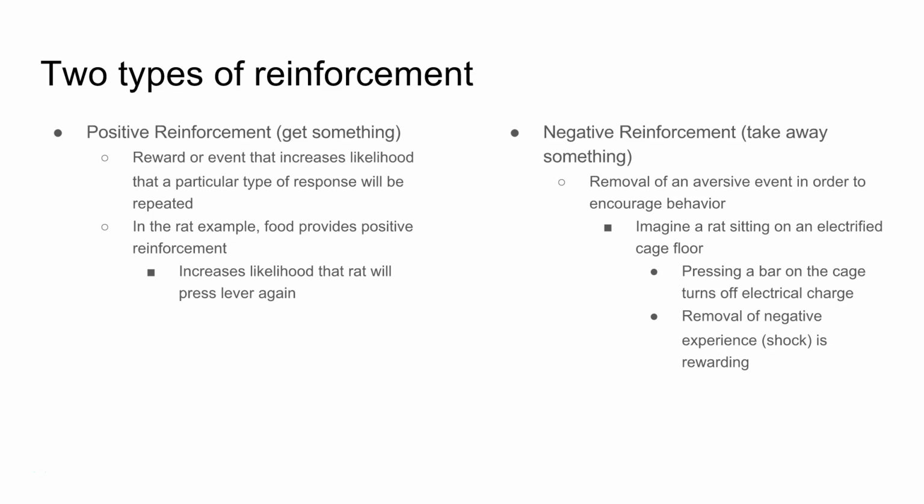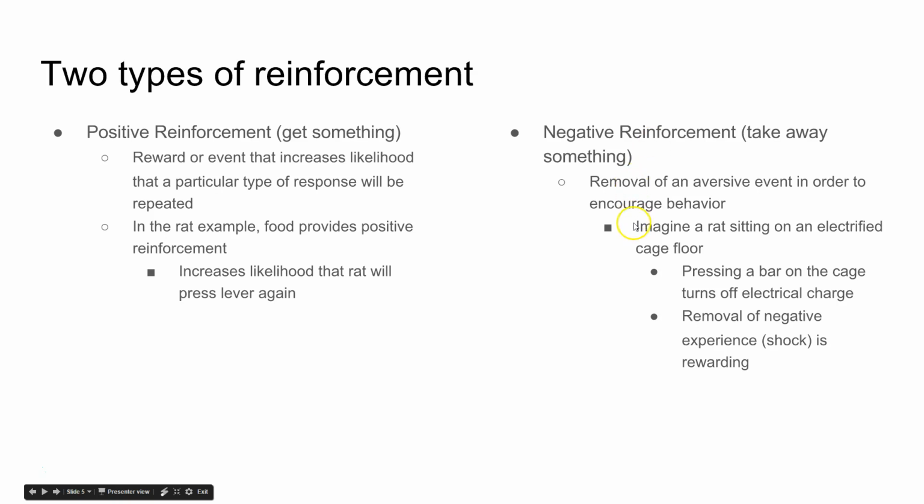And in order to stop the electrification, the rat can press on a bar. And so the rat does press on the bar, and it turns off the electrical charge. So the removal of the negative experience, the aversive event, in this case shock, is a type of reward, a type of reinforcement for the rat.